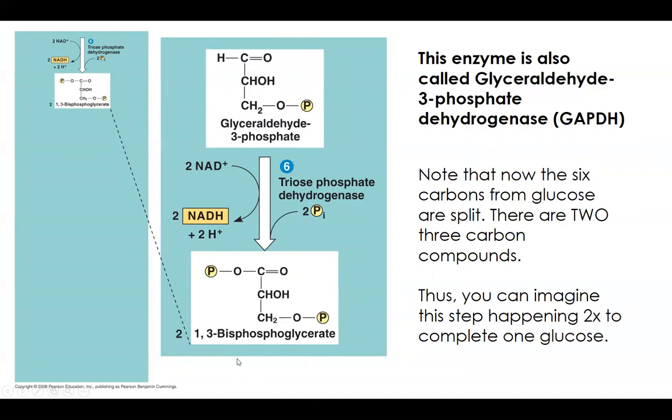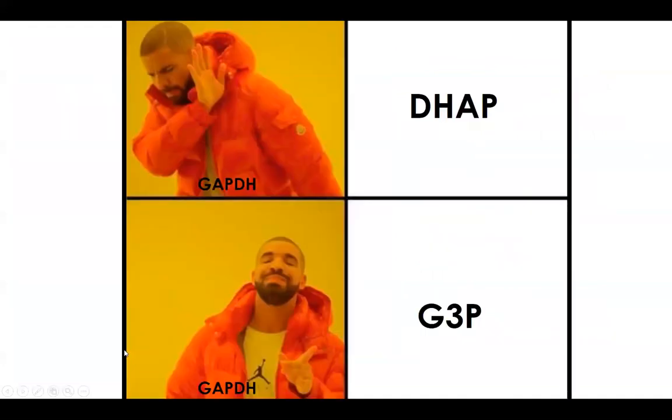And just because I think it makes it a little easier to remember, you can think of the enzyme, GAPDH, glyceraldehyde 3-phosphate dehydrogenase: not interested in DHAP, but G3P, understandable. Okay, so yeah, I did probably mix some memes there, but that made it better, I feel.